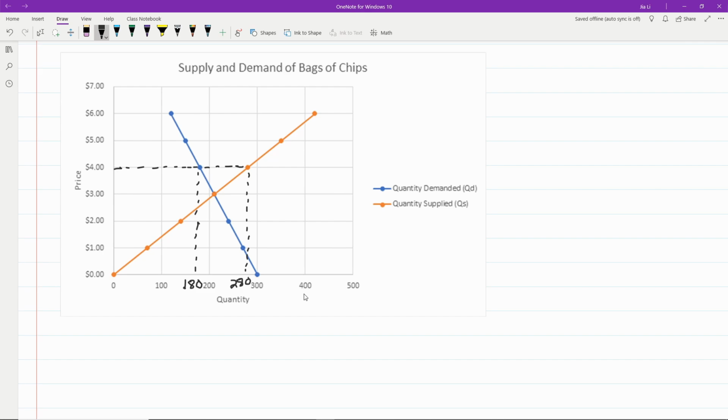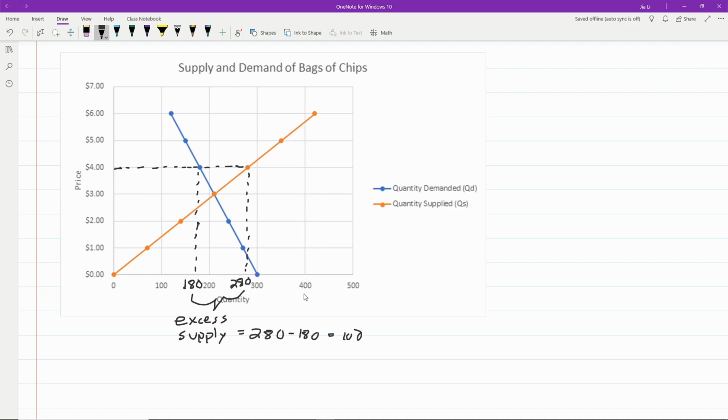So the excess supply is just the difference between these two. Excess supply equals 280 minus 180 equals 100, right?